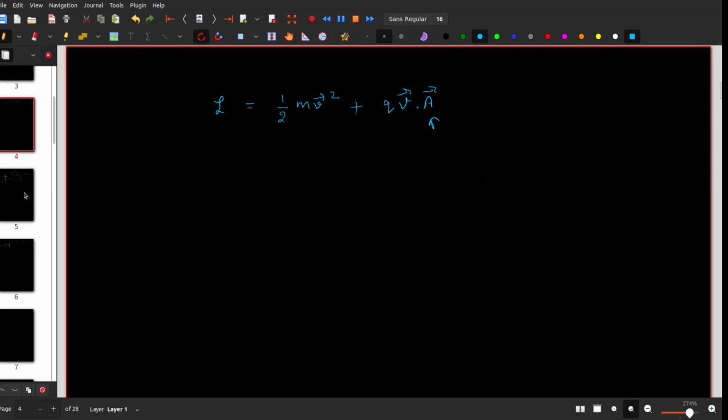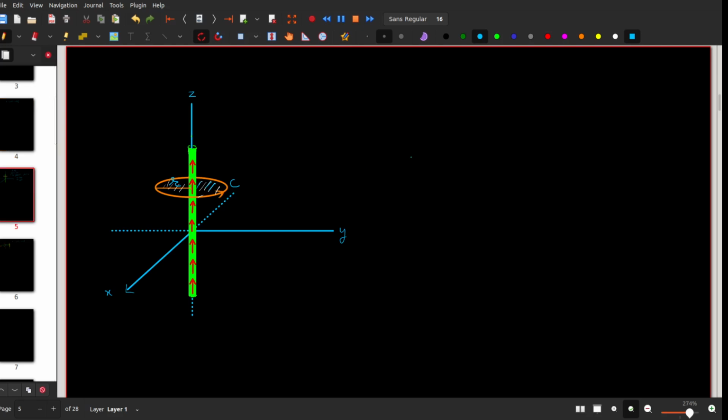To see why the vector potential is non-zero outside the solenoid, assume that the solenoid is aligned along the z-axis. Due to the cylindrical symmetry of the setup, the magnetic vector potential A will be along the azimuthal direction, the direction of the angle phi.